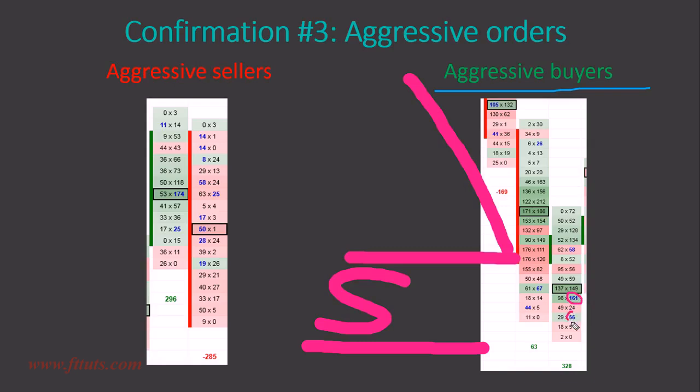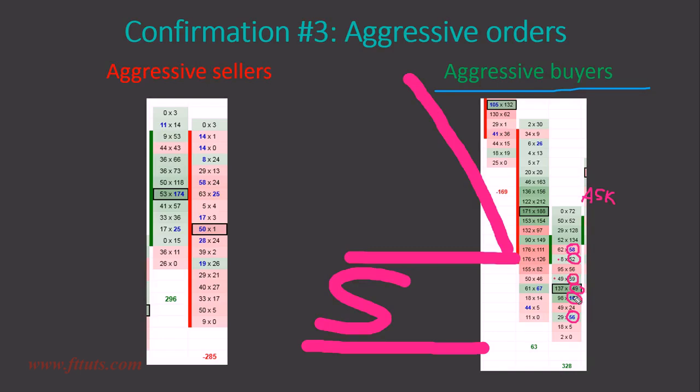This one, imbalances on the ask side of the footprint. Also this imbalance, and it doesn't need to be imbalance. You want to see big numbers jumping in on the ask side. So also these bigger numbers than on the bid side.